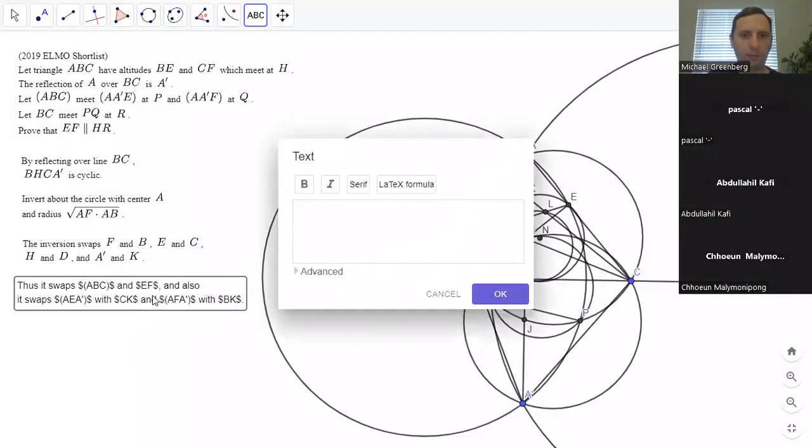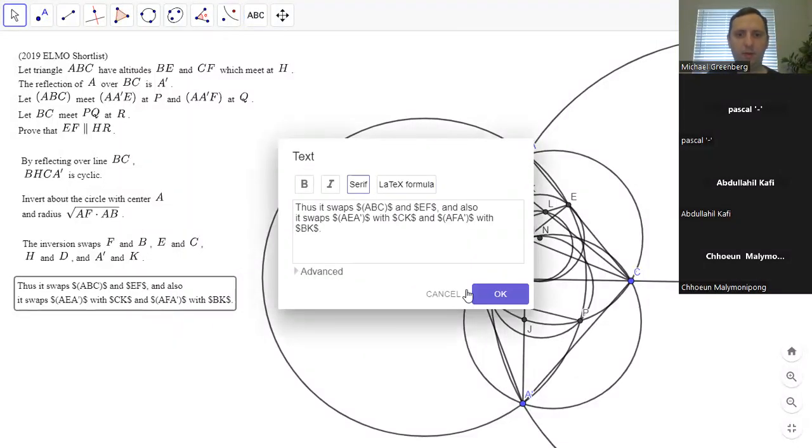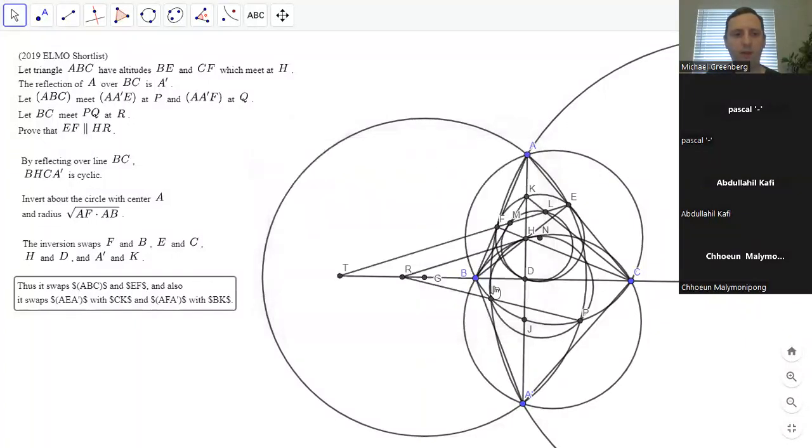I should clarify probably, I don't know if it's that obvious, but let K be the midpoint of AH.